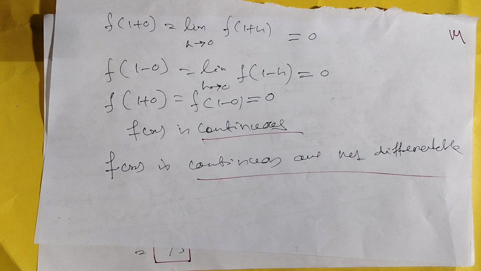For the continuity, f(1 plus h) as h tends to 0, f(1 plus 0) and f(1 minus 0) are also 0, so f(1 plus 0) is equal to f(1 minus 0). So the function is continuous. This function is continuous, not differentiable.